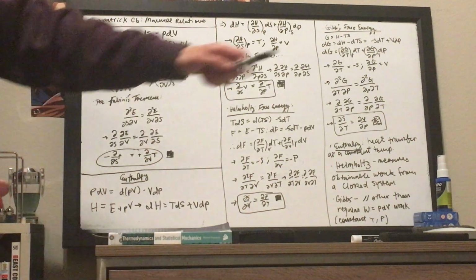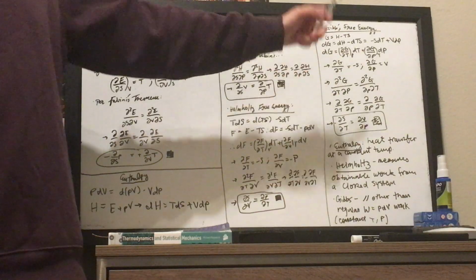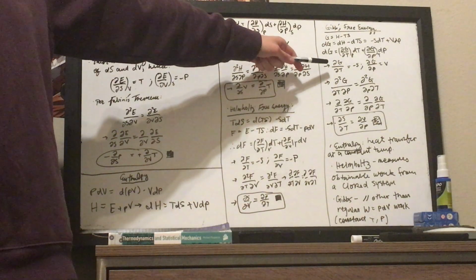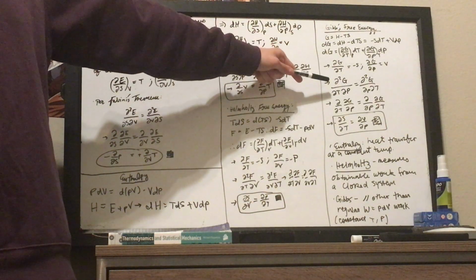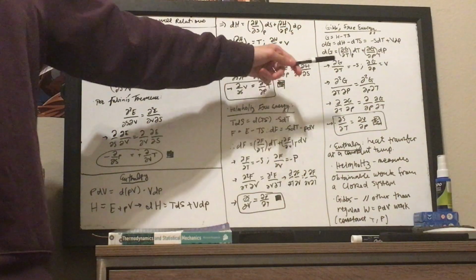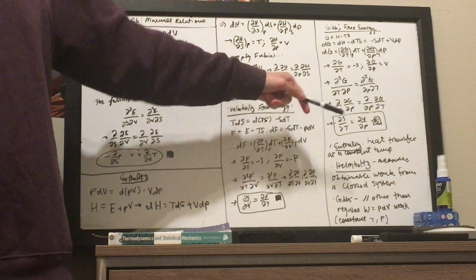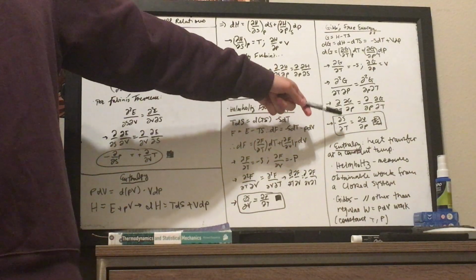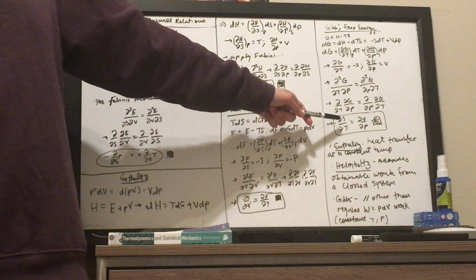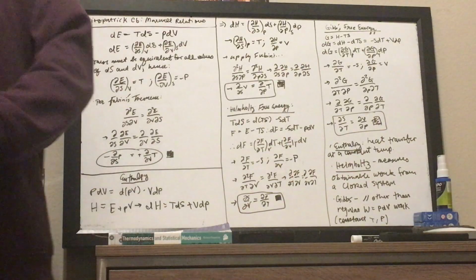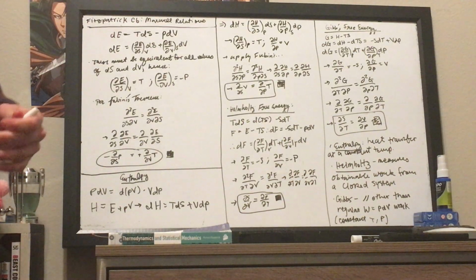We see that our Gibbs free energy with respect to temperature is our negative entropy, and we see that our Gibbs free energy with respect to pressure, partial differential, is our volume. We apply Fubini's theorem, we plug in our numbers, and we see that our change in volume with respect to pressure is actually equal to our change in entropy with respect to temperature, which is stellar.